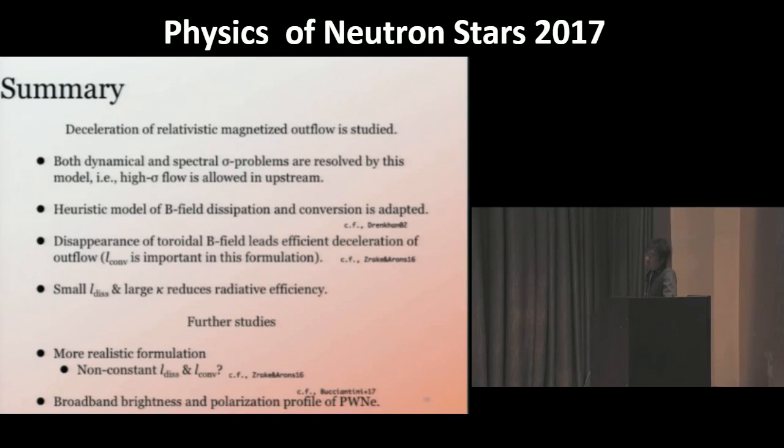The heuristic model of the dissipation and conversion is adapted from this paper, and the disappearance of the toroidal field is important, but we do not need the dissipation of magnetic field in that case. But for a small dissipation length scale and a large value of the multiplicity, which we don't show here, the radiative efficiency is reduced.